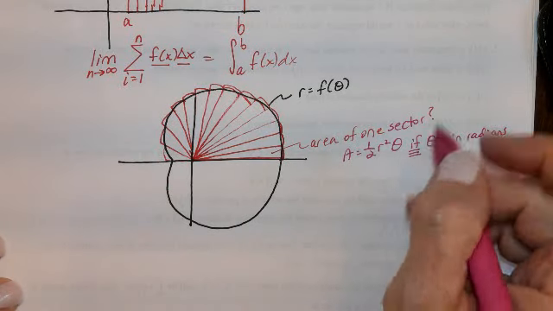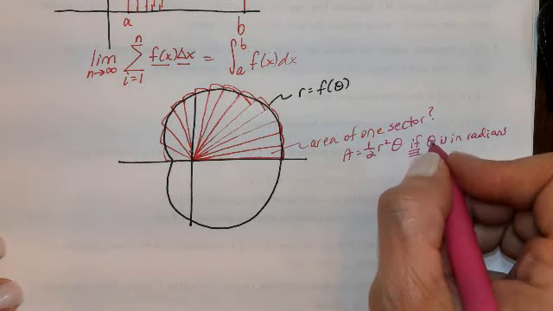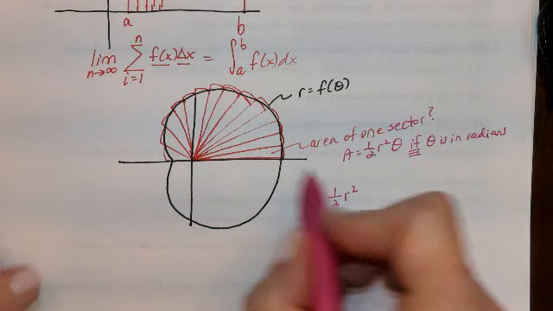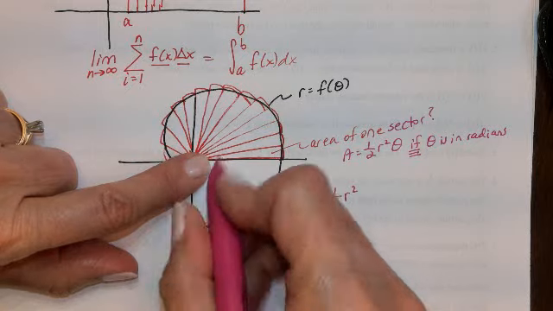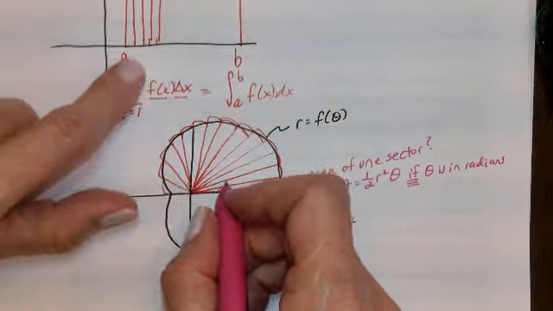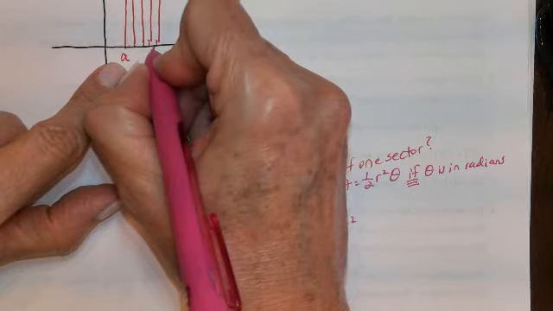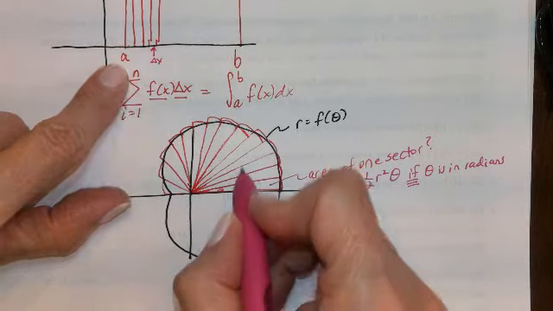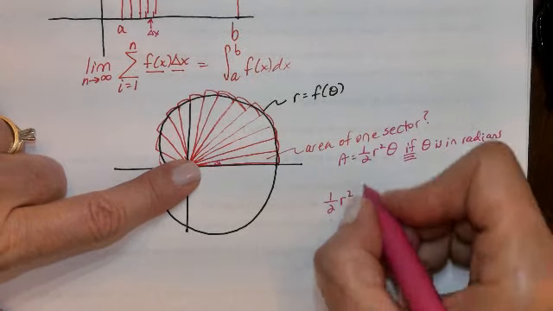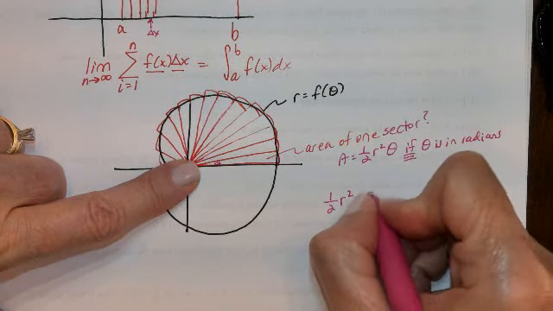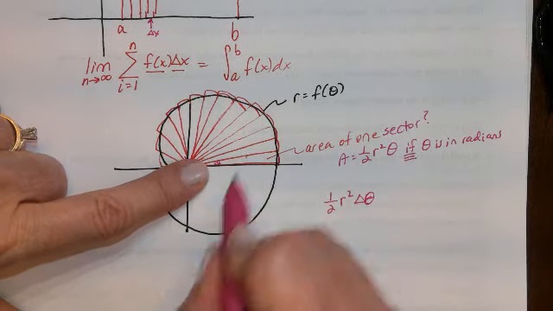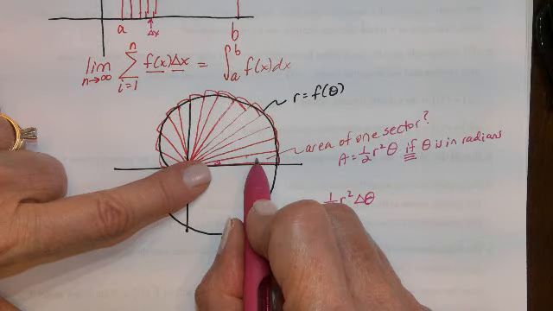So what are we going to do? We are going to take all of the areas, and instead of little tiny slivers of x, we're going to have little tiny slivers of theta. So this is going to be delta theta in here. That's going to be the area of one sector.